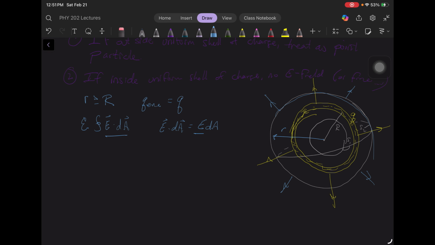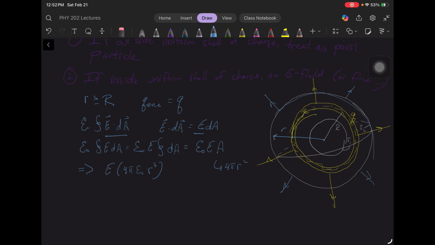And so we got epsilon naught surface integral E dA is equal to epsilon naught E times the integral of dA. Integral of dA is just going to be A. And the area of a sphere is 4 pi r squared. And so the left-hand side of Gauss's law turns into E times 4 pi epsilon naught r squared.